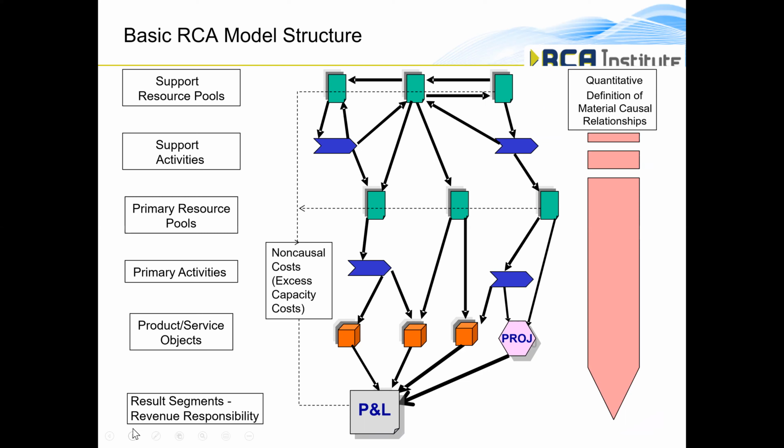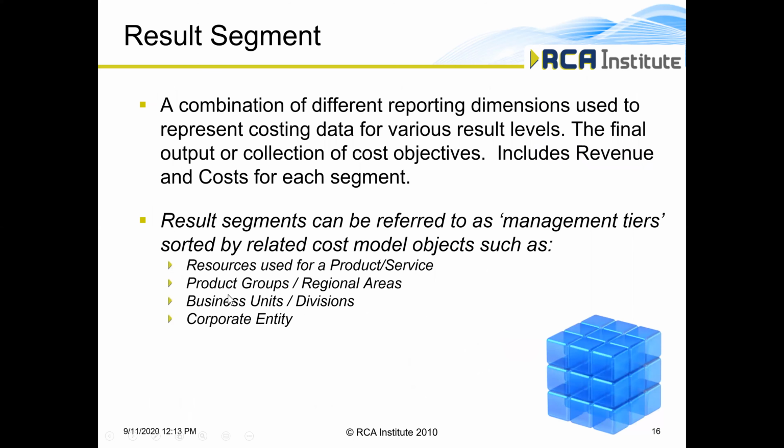And the results segment. Now, the results segment is a little bit more complicated. It's a combination of different reporting dimensions used to represent cost data for various levels of the final output or collection of cost objectives.